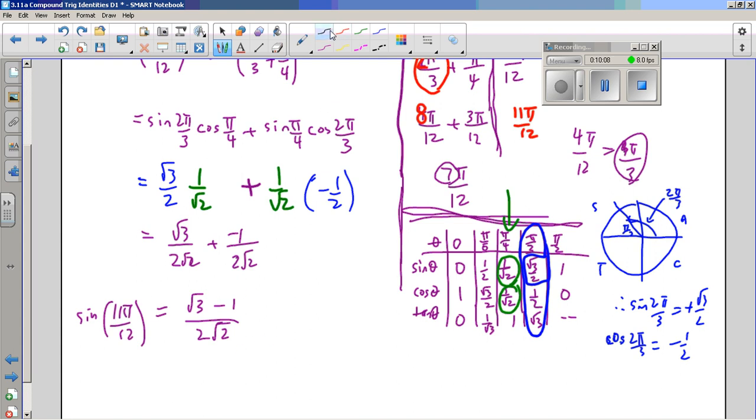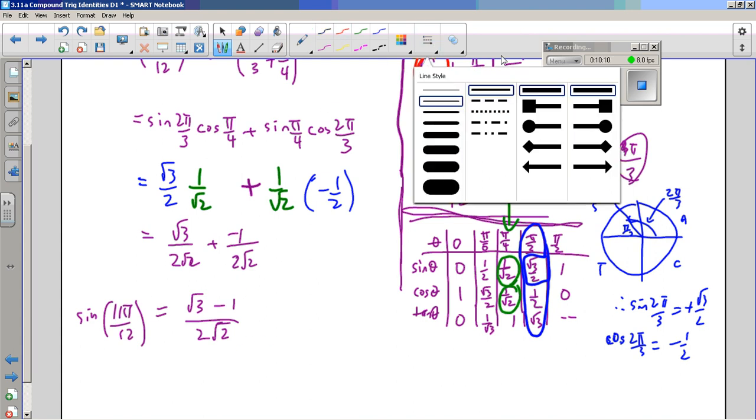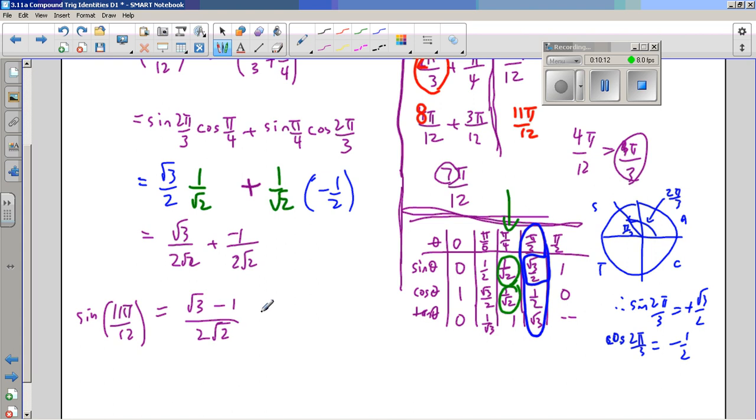Now, of course, our textbook, being the wonderful people that they are, doesn't like the square roots on the bottom. So they multiply by a convenient form of 1 so they can eliminate the square roots on the bottom, right?